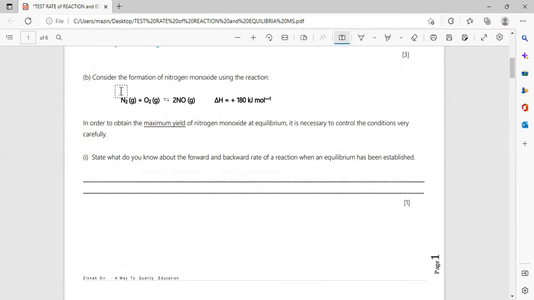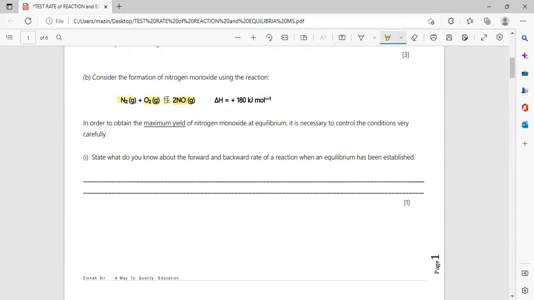Then question B. Let me check. Yes. Consider the formation of nitrogen monoxide. Nitrogen monoxide is formed from nitrogen and oxygen gas.